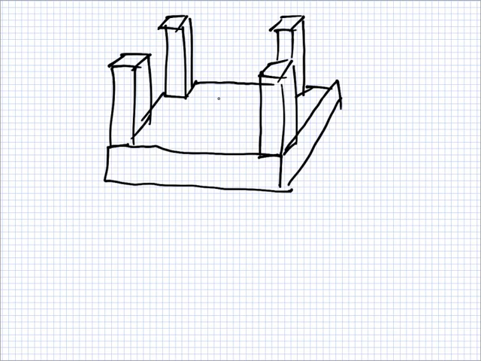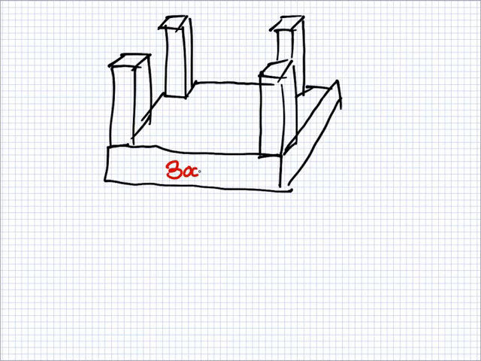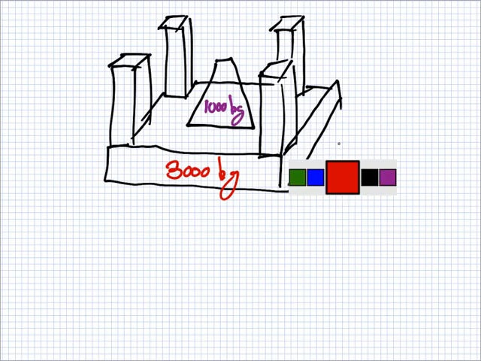So this is hanging from the ceiling, and what happens is this, I think I said, is how much? 3,000 kilograms, and then here I'll draw a nice big weight of 1,000 kilograms, and this causes an extension of 2 millimeters from the ceiling.